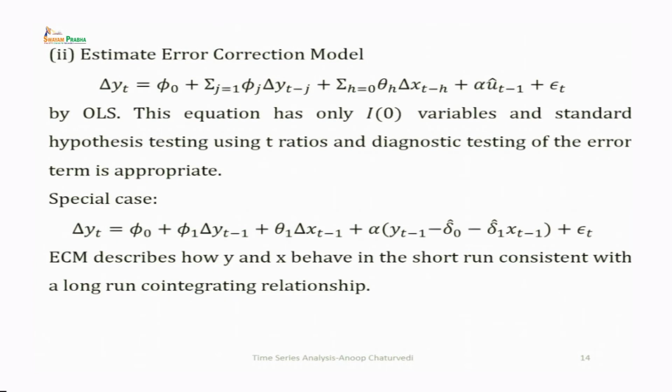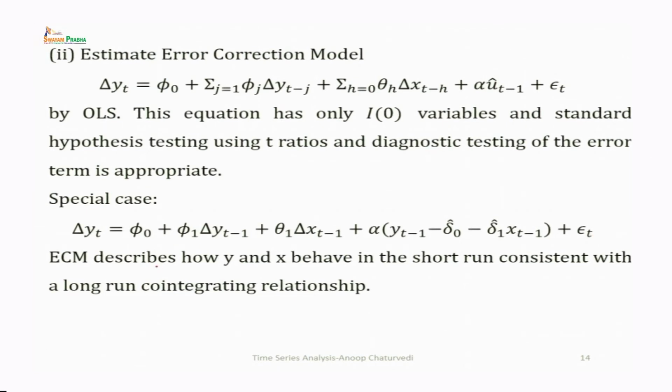Suppose we consider this special case: delta y t is equal to phi naught plus phi 1 delta y t minus 1 plus theta 1 delta x t minus 1 plus alpha times y t minus 1 minus delta naught hat minus delta 1 hat x t minus 1, plus epsilon t.